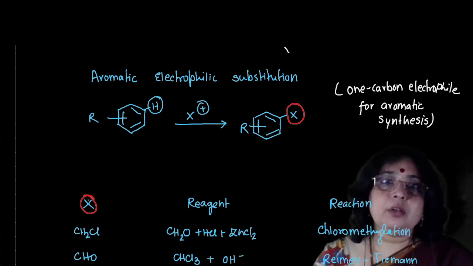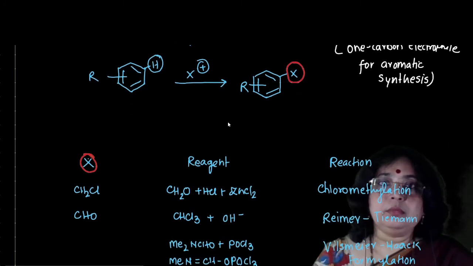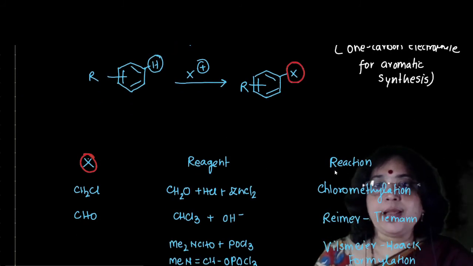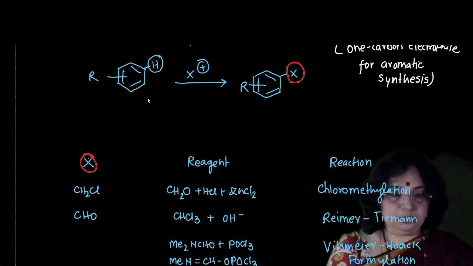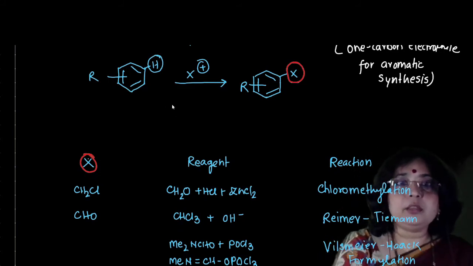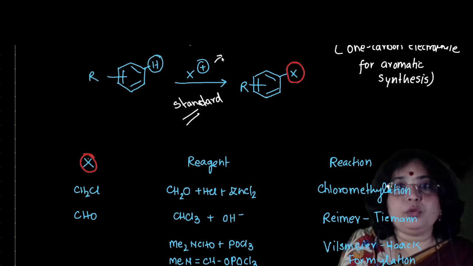Now here this is a substrate and this is an electrophile. Let us see the X reagent and the name of the reaction. Now here we have used the standard, and this H is replaced by X. X is nothing but the electrophile.